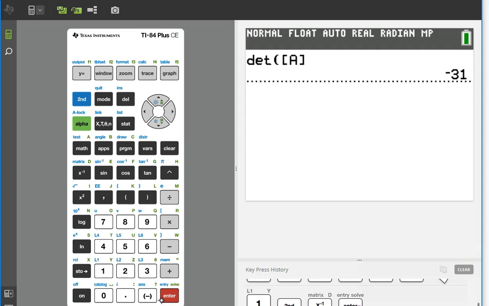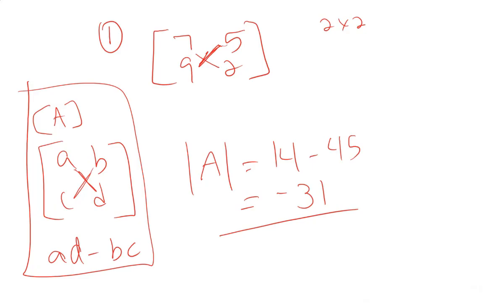To find the determinant for a 3x3, I'm going to write it down for you, but use your calculator because it's crazy pants.